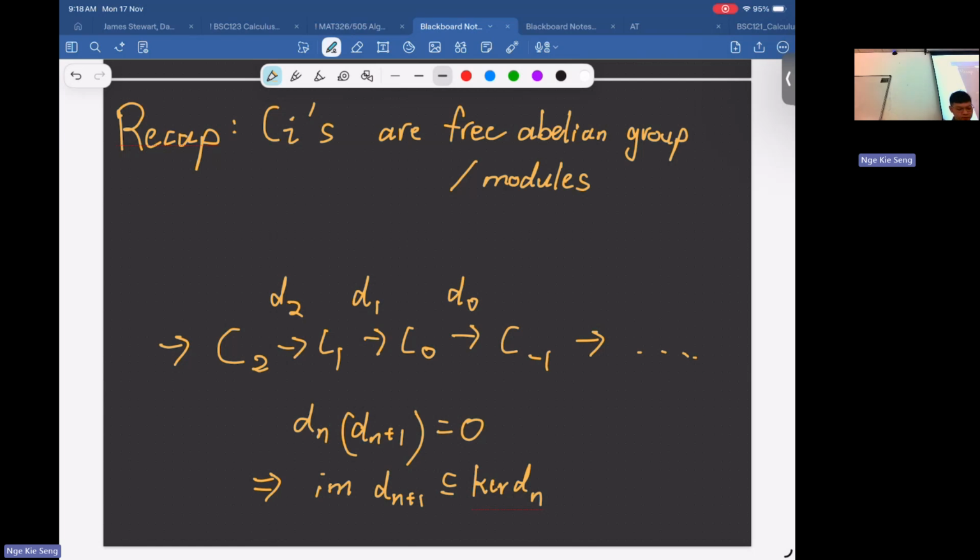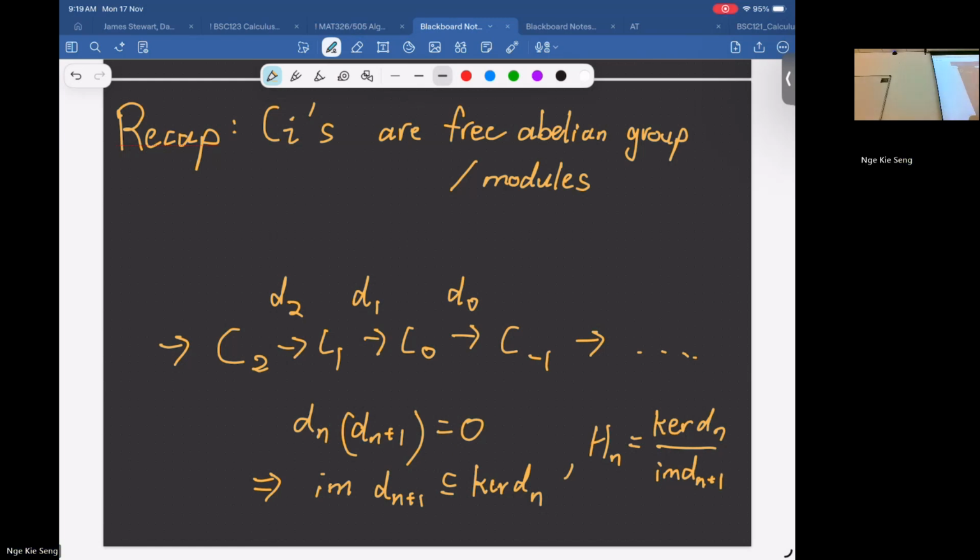Why? Because later we're going to form a quotient here. This quotient is the kernel of d_n over the image of d_{n+1}. Only if you have this subset inclusion can you form the quotient. Otherwise, you cannot just quotient it, because you might contain something else. Make sense?